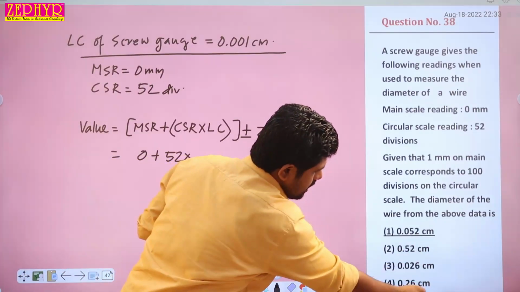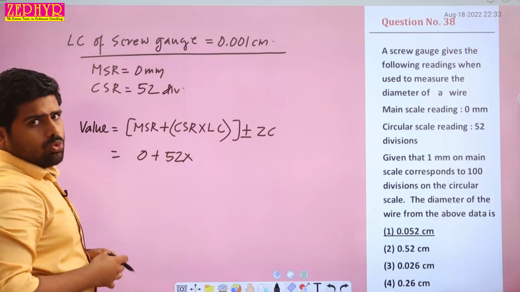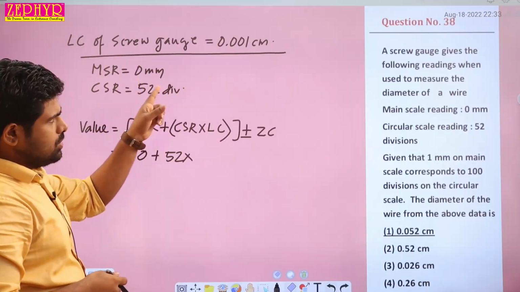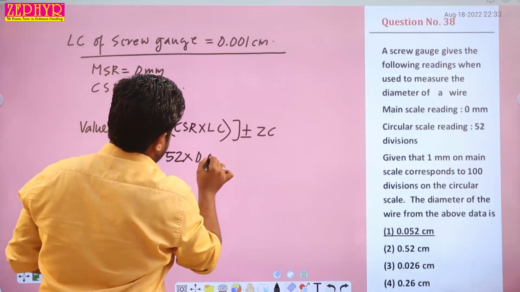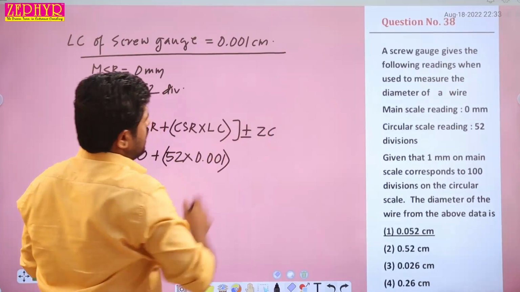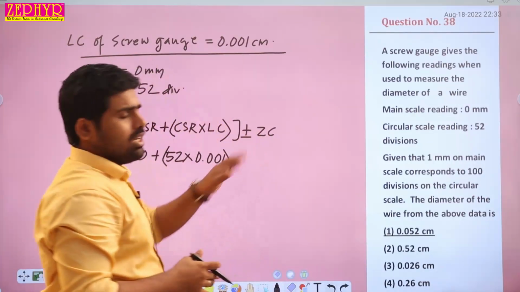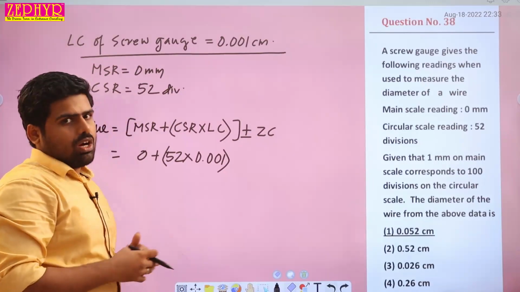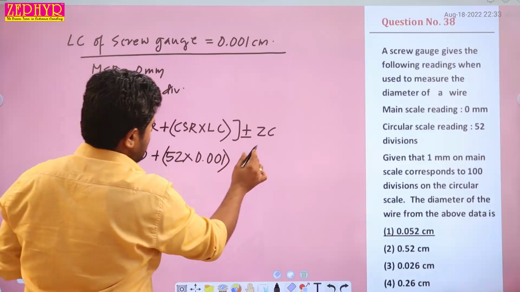Because here all the results are in centimeter, therefore I convert the least count value of the screw gauge to centimeter. It is equal to 0.001 centimeter. And here the question does not mention zero correction or zero error, so it is equal to 0.